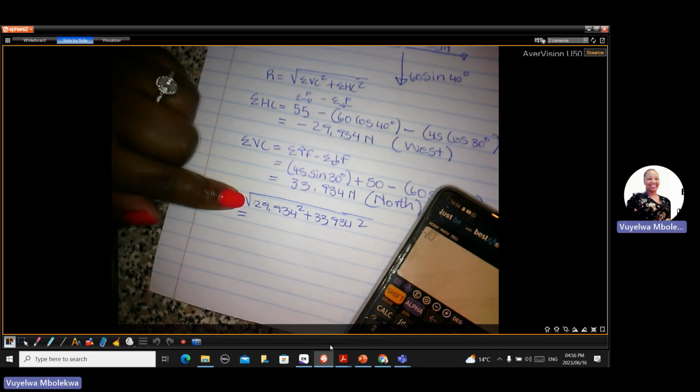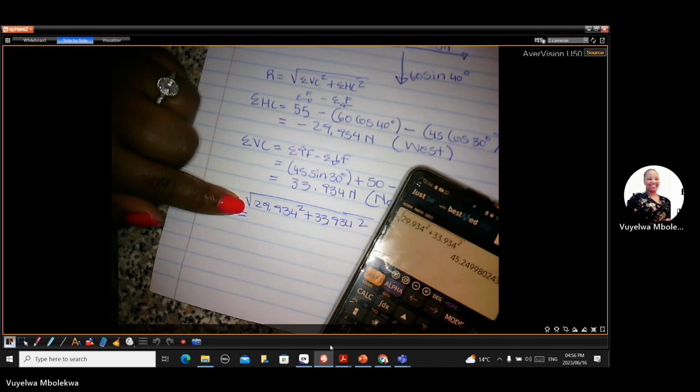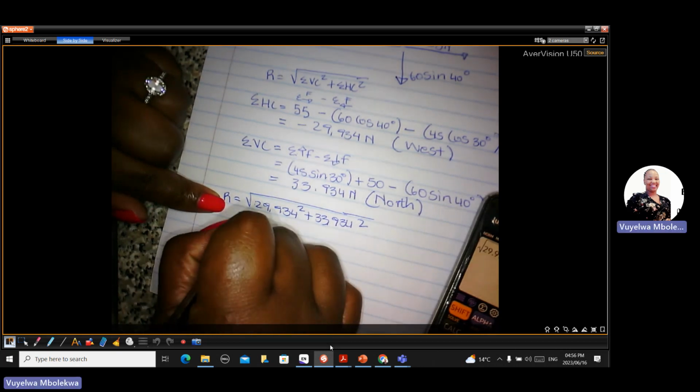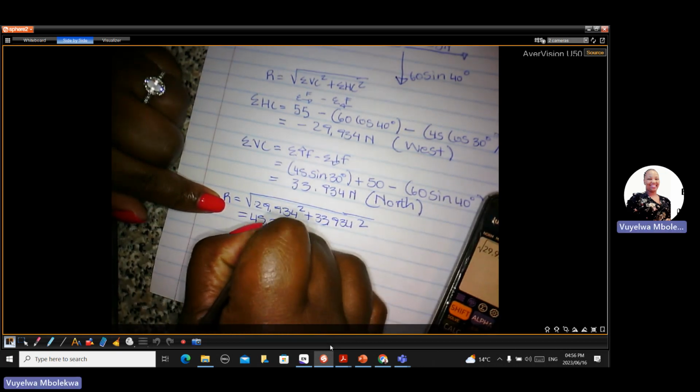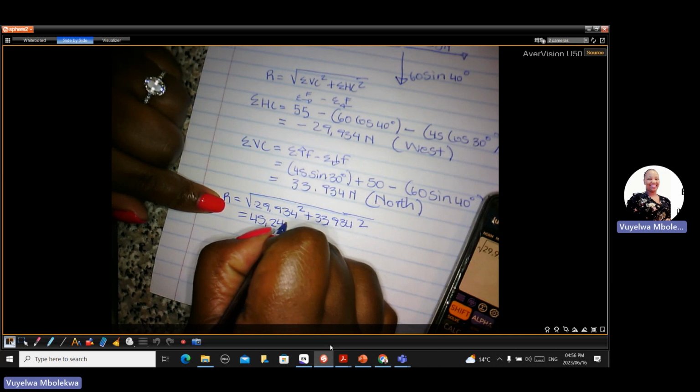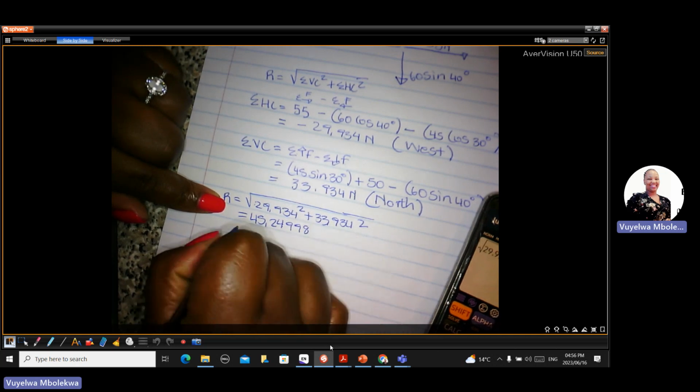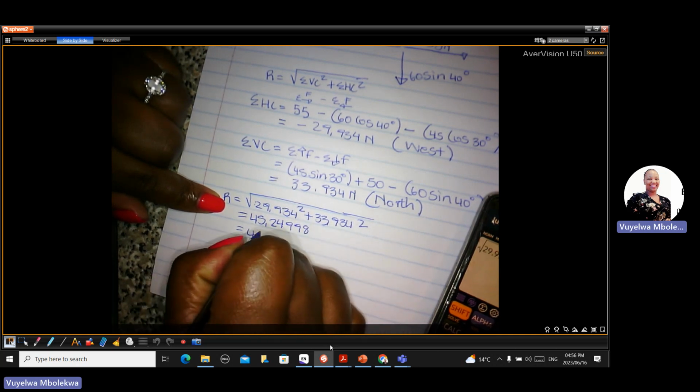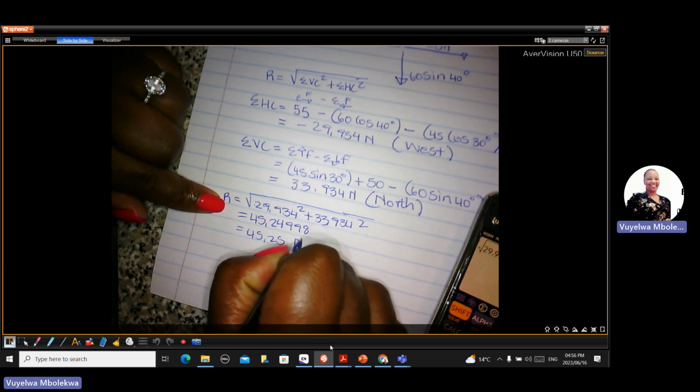You don't need to put it in here, but even if you do, you won't change anything because you square it anyway. And then it gives you the resultant of 45.24998, which is 45.25 newtons.